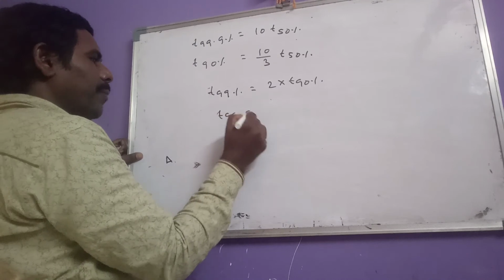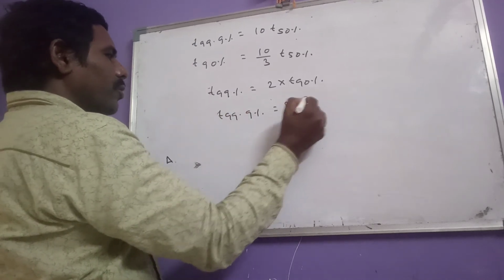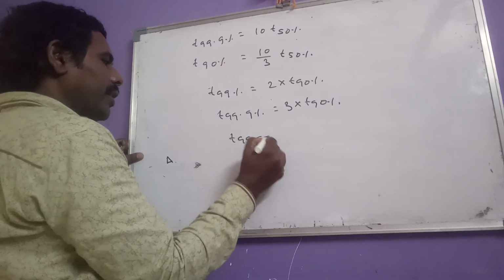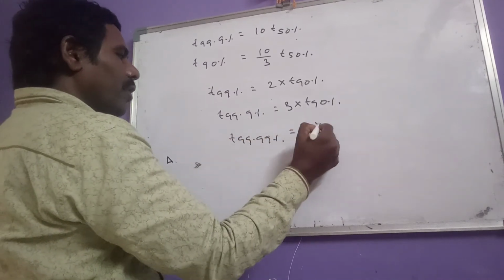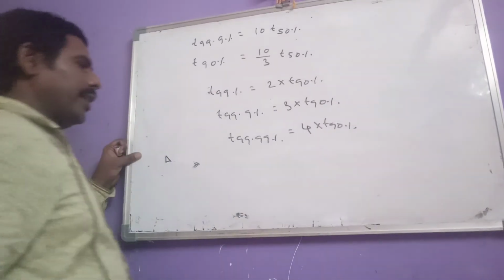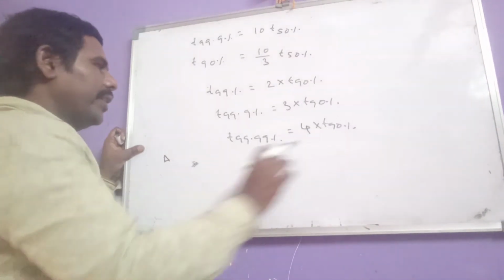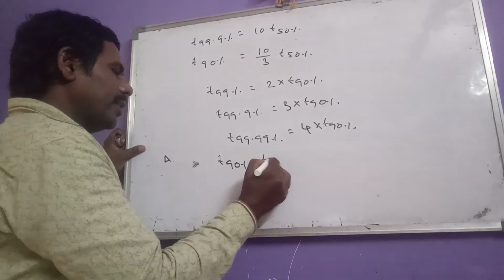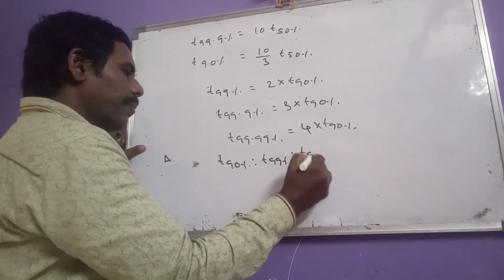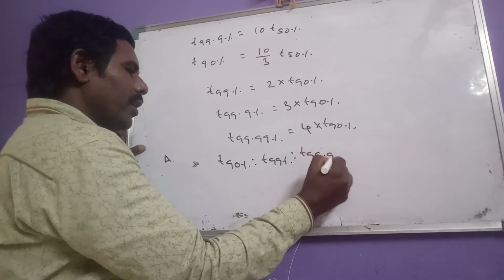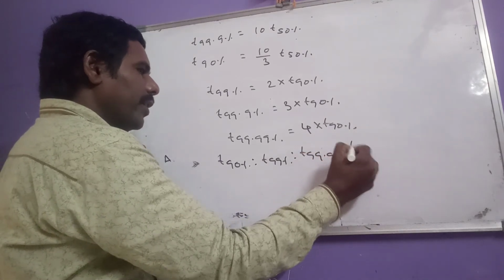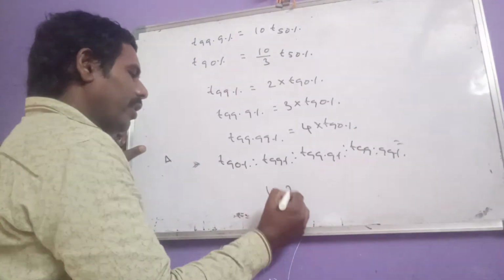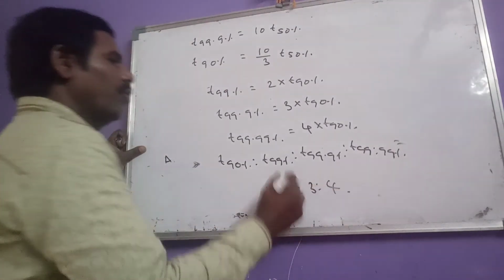T 99.9% equals 3 into T 90%. T 99.99% equals 4 into T 90%. That means within one equation we can write T 90% is to T 99% is to T 99.9% is to T 99.99% in the ratio 1 is to 2 is to 3 is to 4.